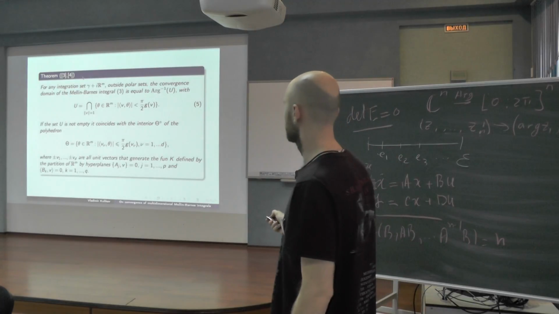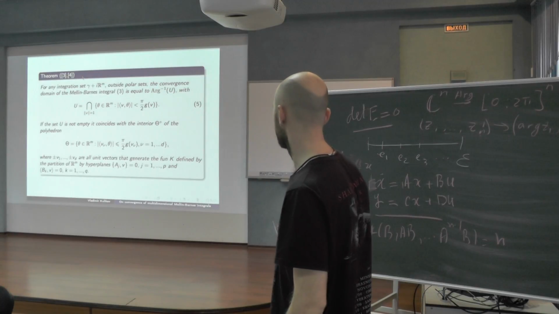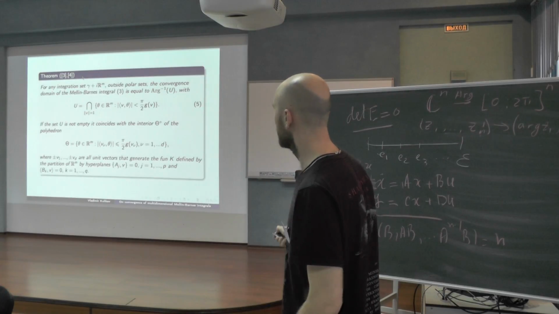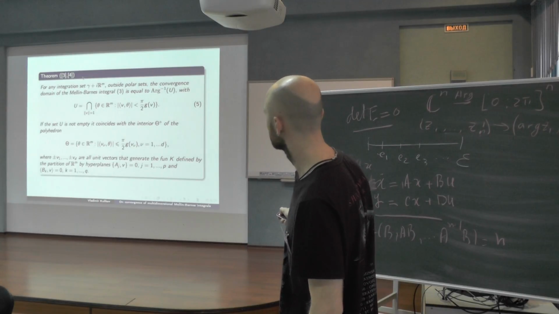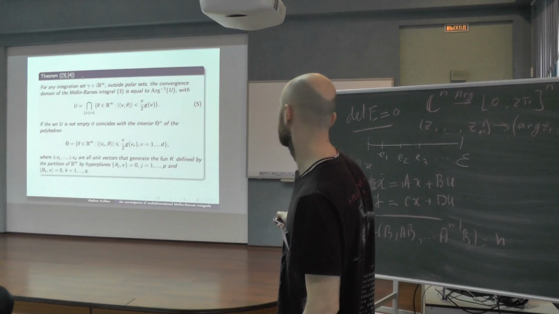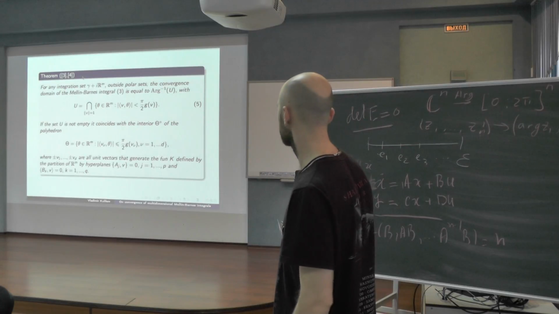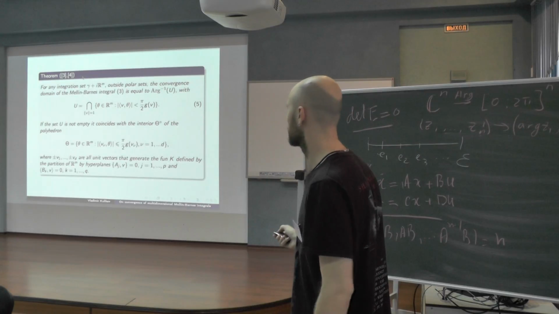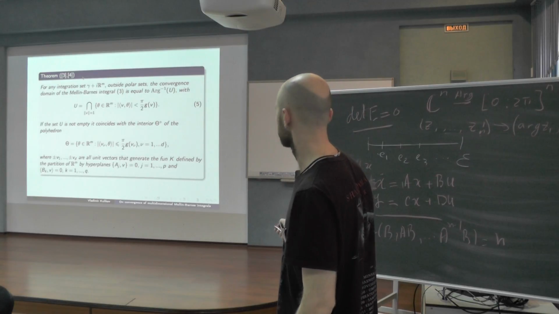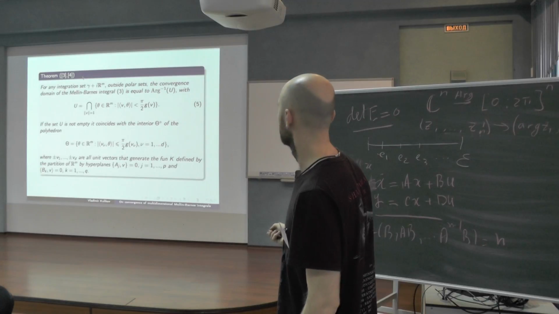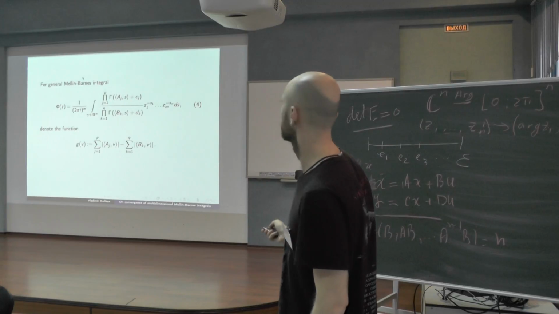If the set U is not empty, it coincides with the interior of the polyhedron theta, where vectors plus minus v1, etc., vd are all unit vectors that generate the fan, defined by the partition of Rm by hyperplanes Ag and bk. It's Ag and bk, which we see here.